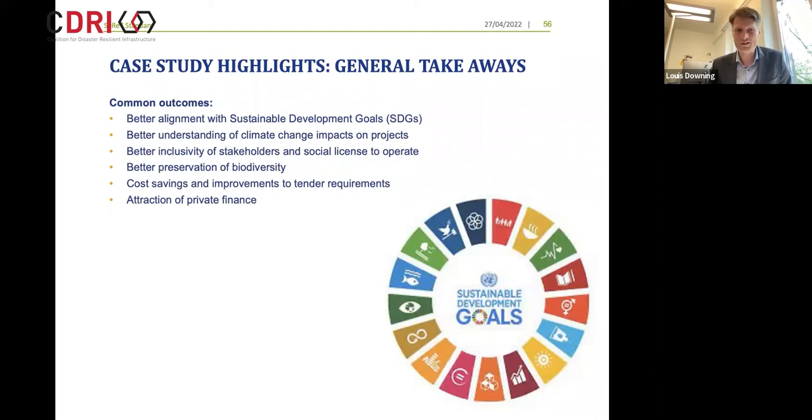But also, we often approach projects, and at the beginning they have the perception that all of these things we're assessing will lead to cost increases. And it's interesting for us to see that in most cases we're generating significant cost savings through using less materials, being a little bit smarter about the way that we go about designing and implementing projects.